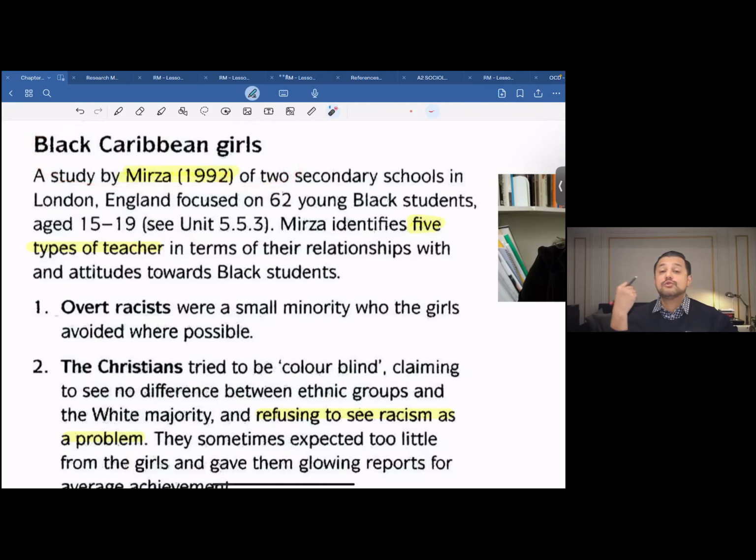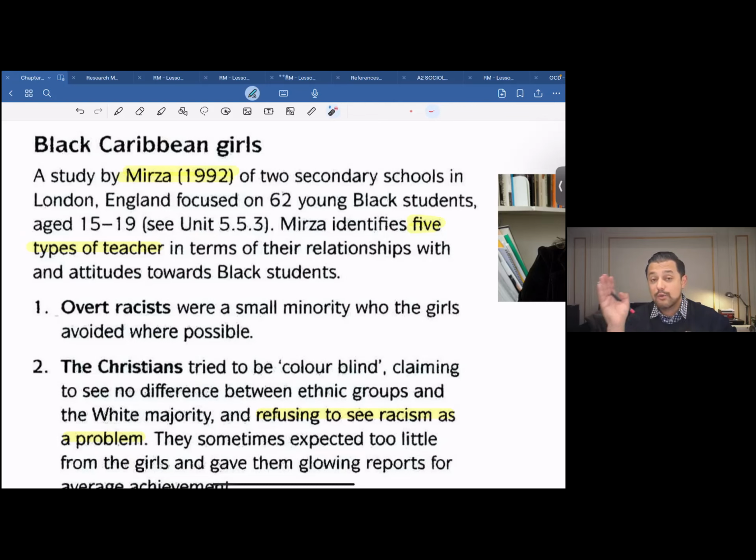And just like what Sewell did when he categorized teachers into three different groups, Safia Mirza categorized teachers into five different groups based on the relationship these teachers had with Black Caribbean girls, right? We've spoken about boys.